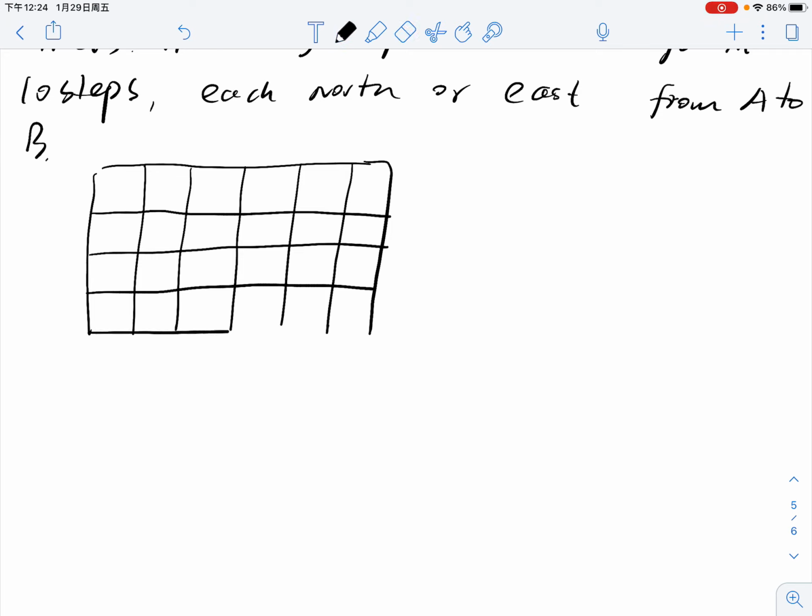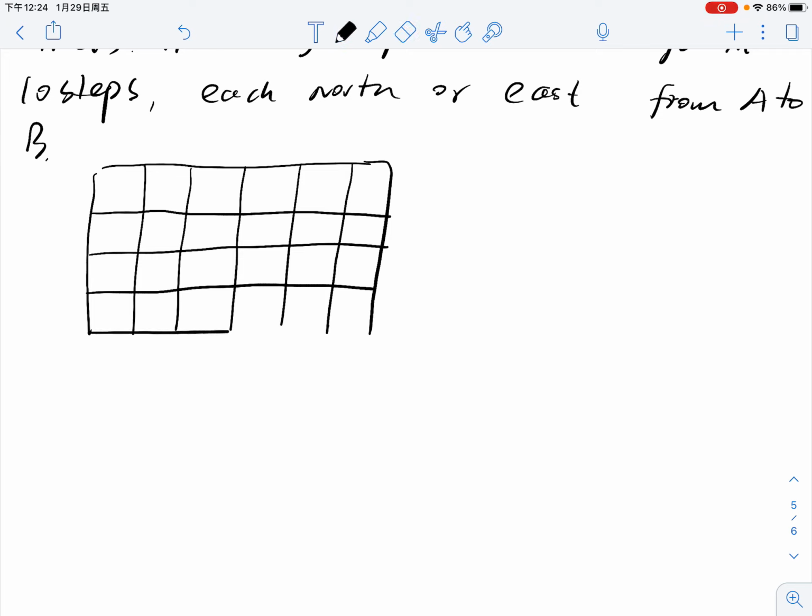or north only. And then we claim that there's a bijection from each path to sequences of E and N with 6 E's and 4 N's. This is easy. No matter where you go, the only thing important is the direction, so you just keep note of the direction.